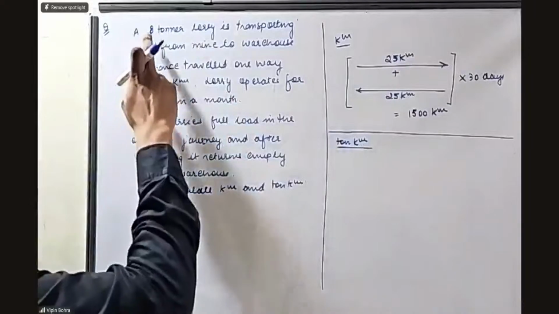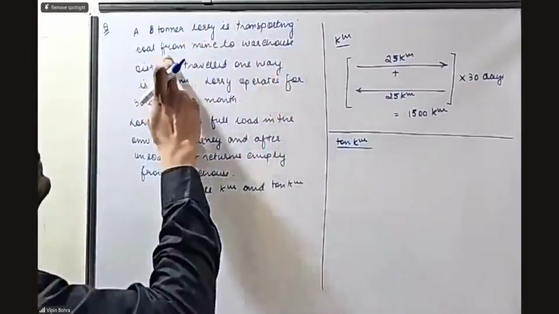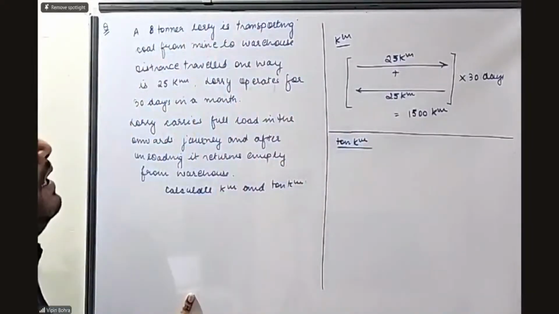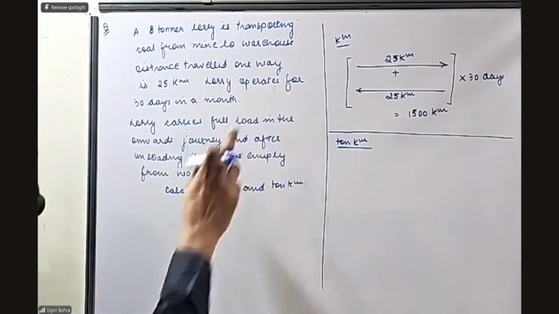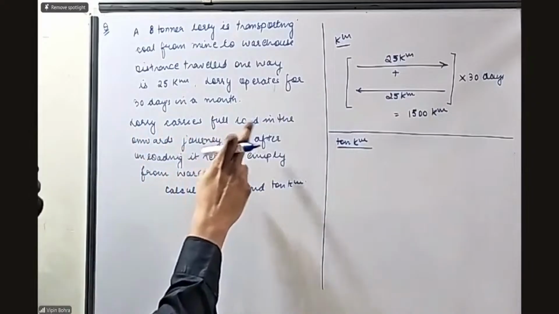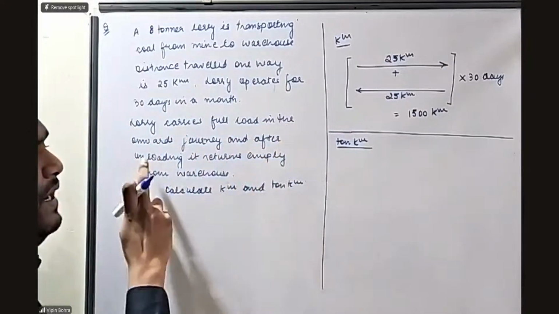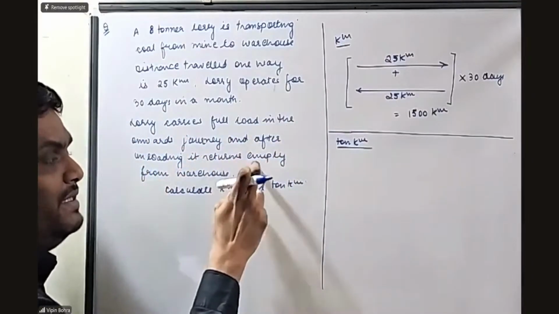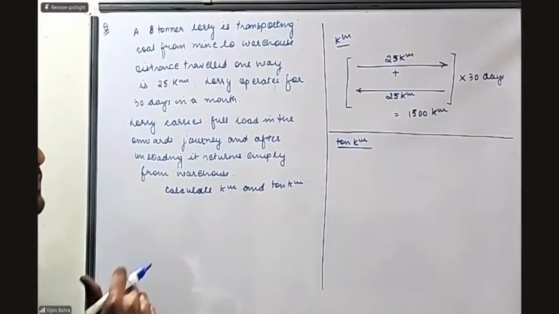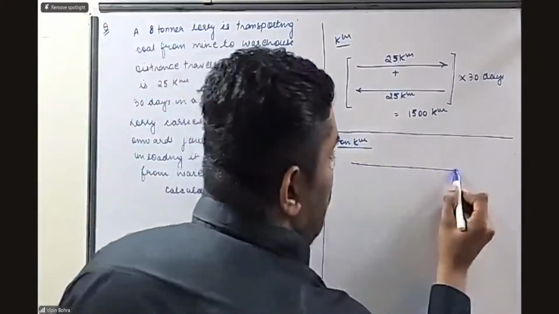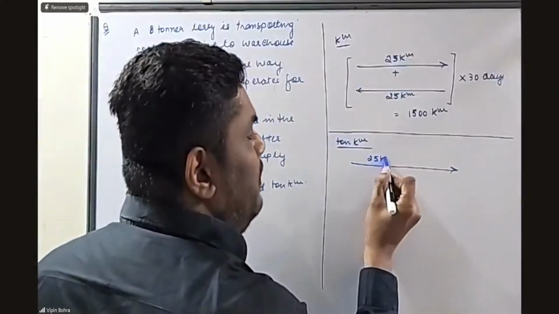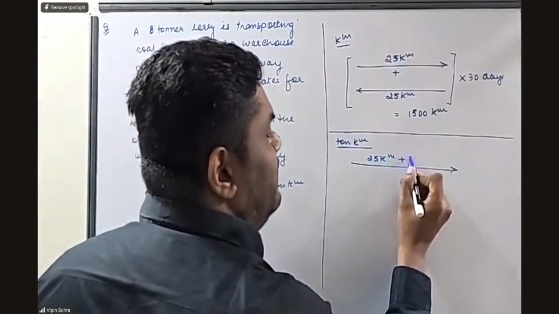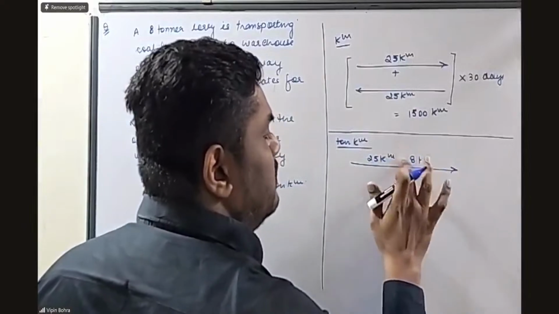See, an 8-tonner lorry is transporting coal from mine to warehouse. The distance traveled one way is 25 kilometers. The lorry operates for 30 days in a month. The lorry carries a full load in the onward journey, and after unloading, it returns empty from the warehouse. So in the onward journey from mine to warehouse, 25 kilometers, they are carrying how many tons? 8 tons.